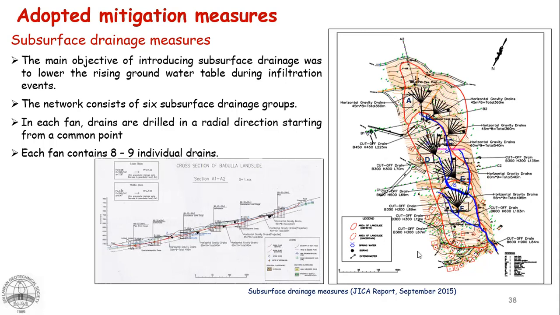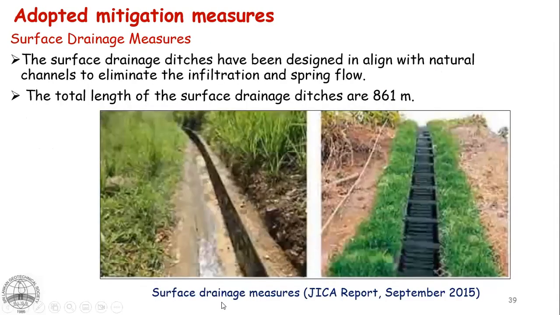Installed to facilitate the subsurface drainage and enhance the stability of the slope, preventing failure during periods of heavy rain. Each fan contains 8 to 9 individual drains. So this is the way to install these subsurface drainage measures with minimum disturbance in the most effective manner.